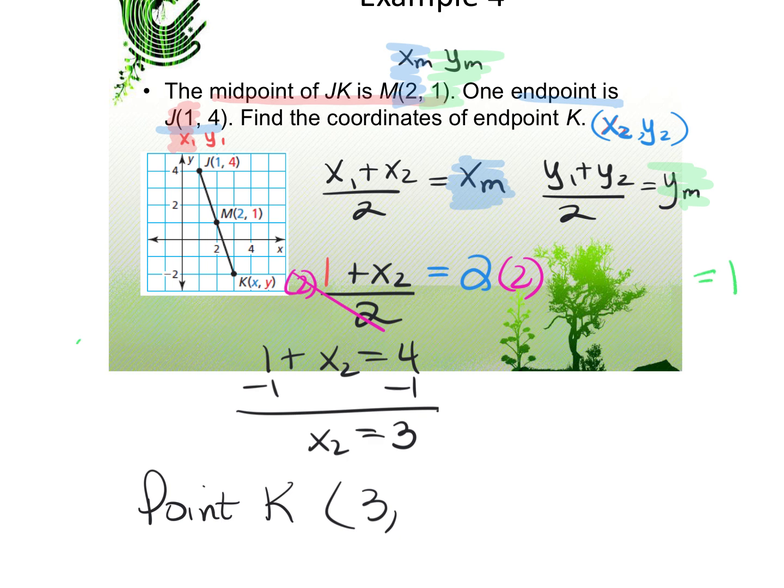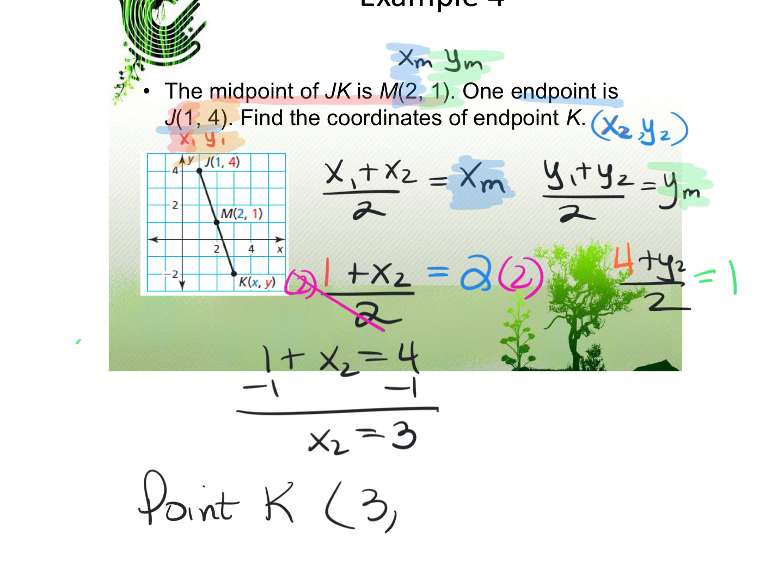And then I'm going to grab the y of my point J, which is right here. 4 for that one. So now I have 4, and then plus y sub 2, divided by 2.